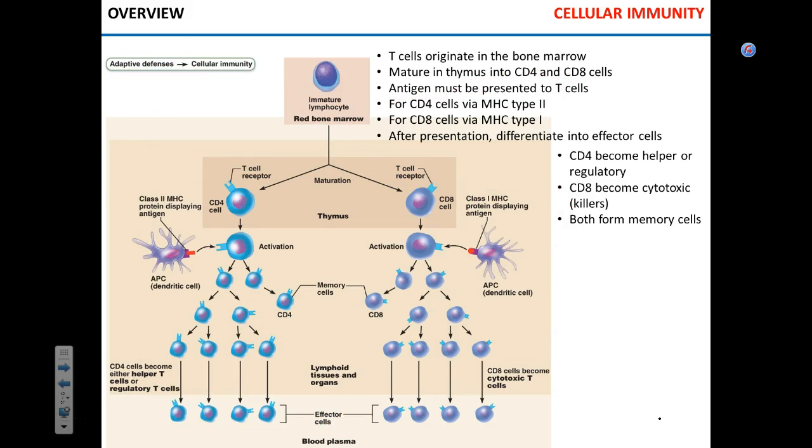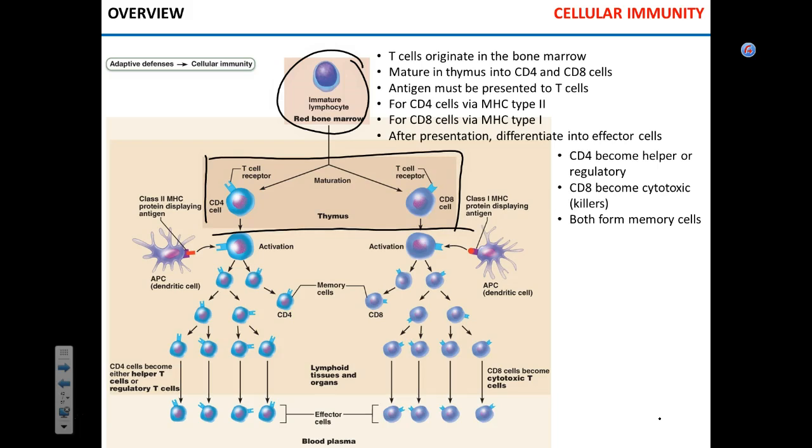So I wanted to introduce the concept of MHC before we talk about T cells. T cells originate in the bone marrow, and then they travel to the thymus. That's an overview of the whole T cell process.